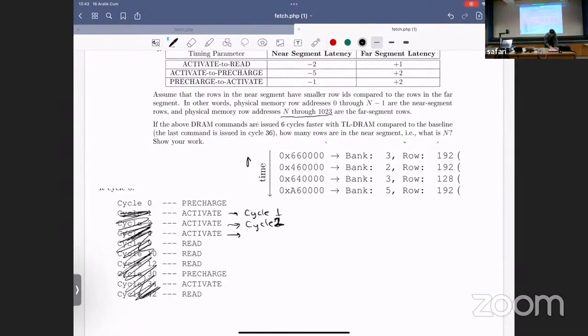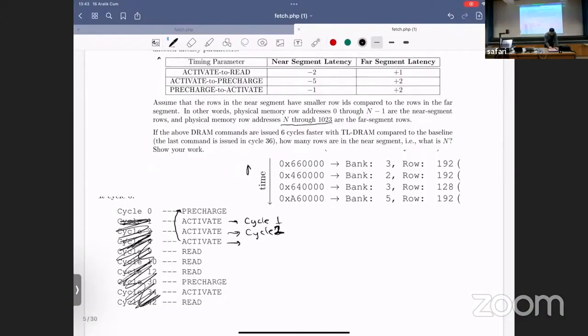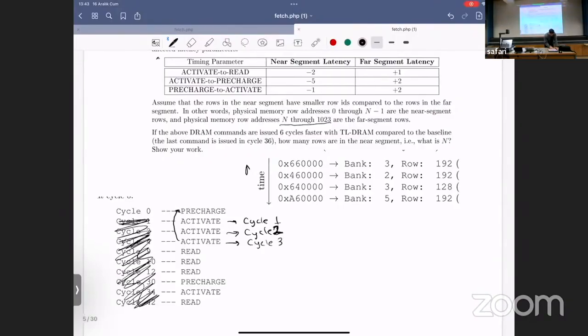And then this activate targets the bank that was targeted by this pre-charge command. Now, if the row that the pre-charge command targeted was in the near segment, then the pre-charge to activate latency is 1 cycle smaller. So this should be executed at cycle 3. Does that look right? Yeah.